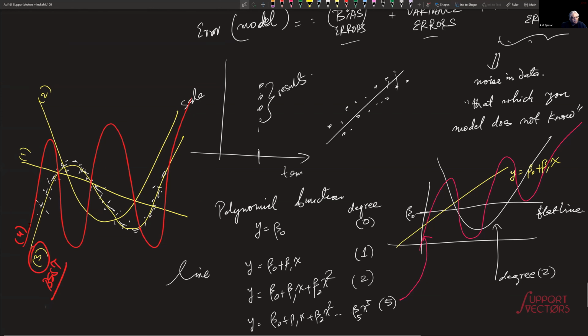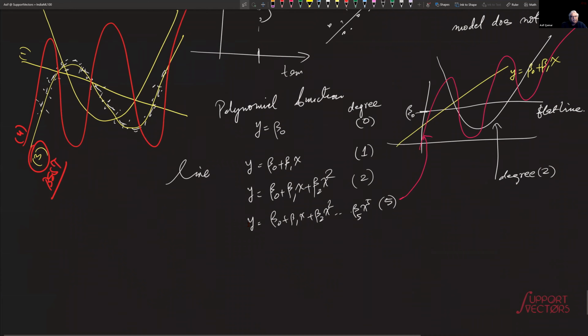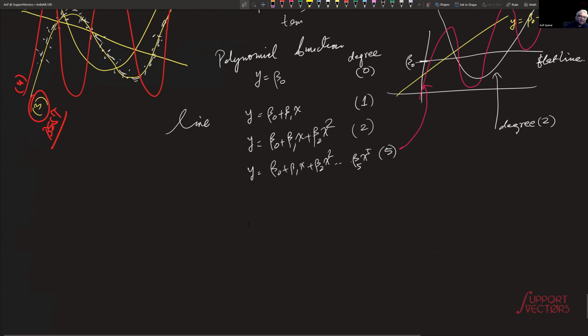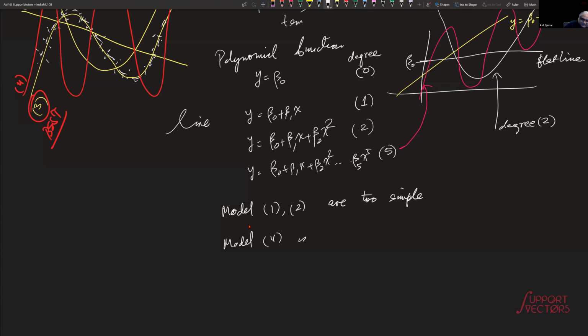And the 4th one, the 5th degree polynomial, has too many bends, right? So the way you say it in machine learning, and this is a very important concept, is that models 1 and 2 are too simple. Model 4 is too complex compared to the ground truth.